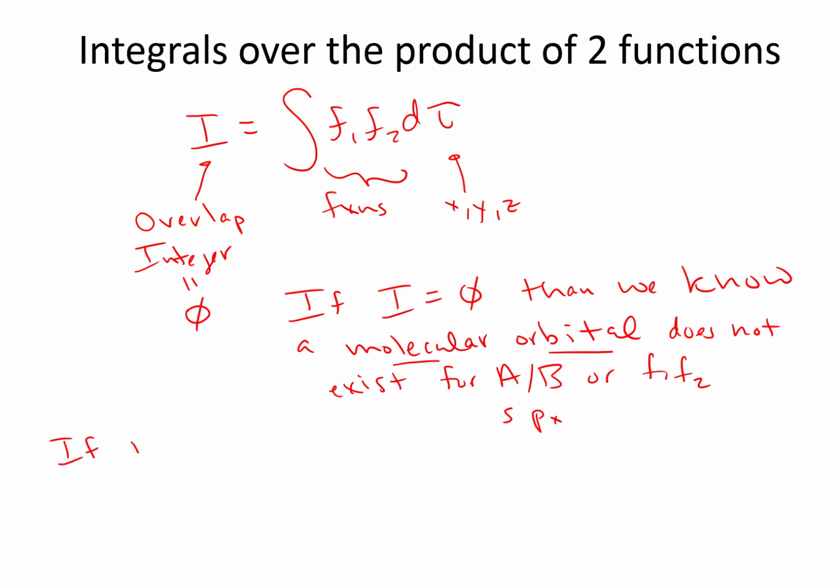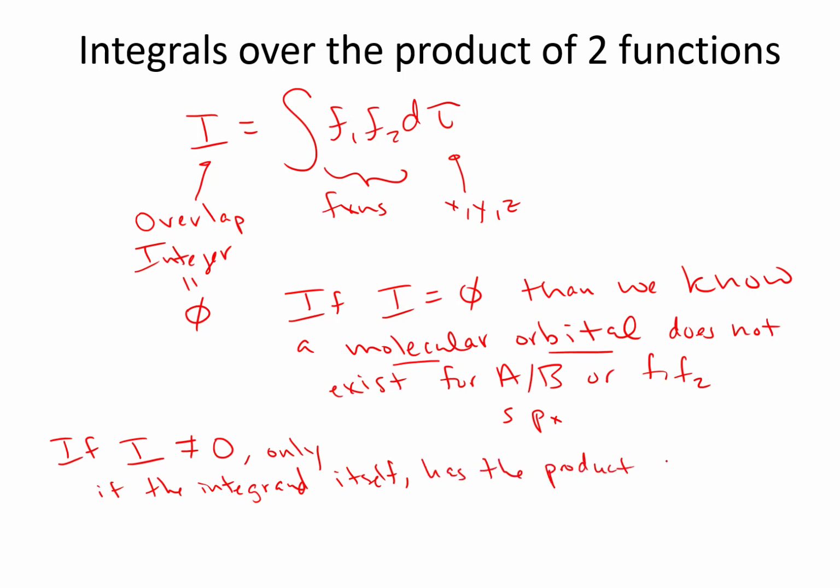On the other hand, if I is not equal to 0, which is a special circumstance, only if the integrand itself, that integration, has the product F1 F2 unchanged by any symmetry operation.